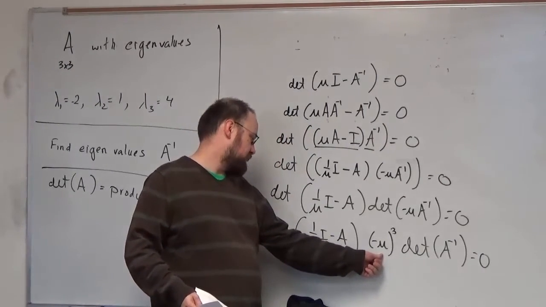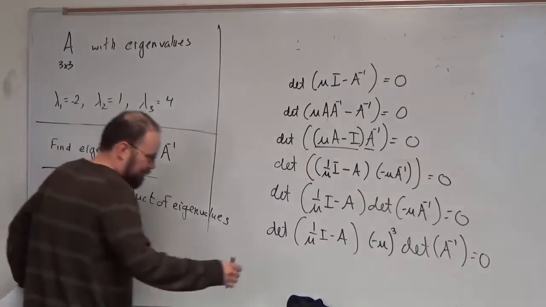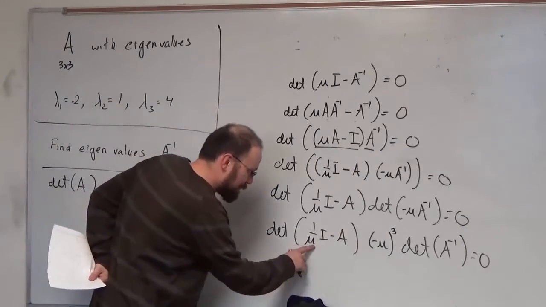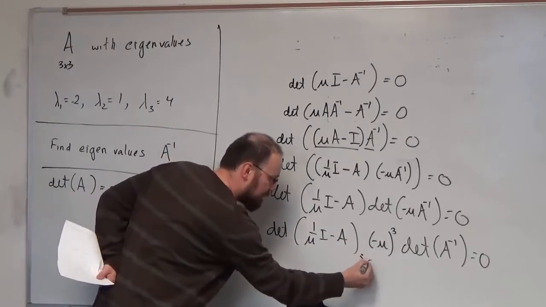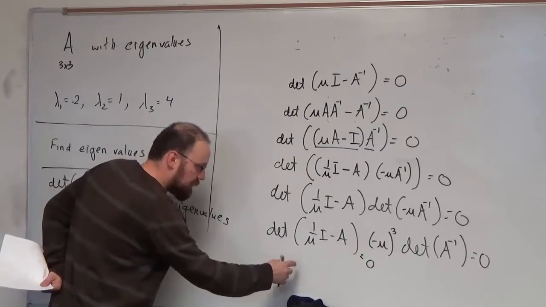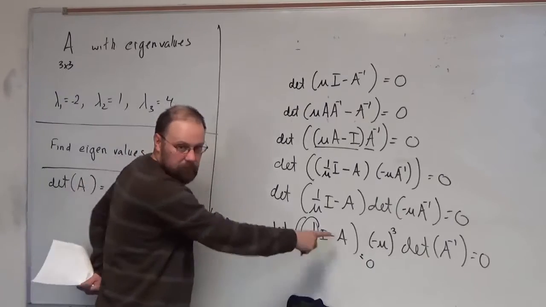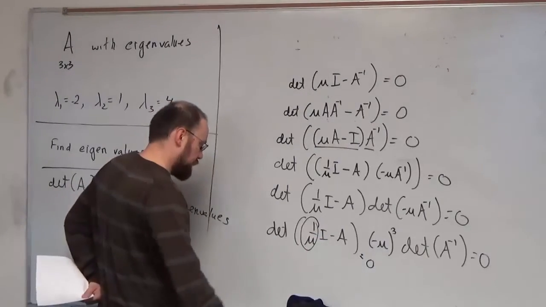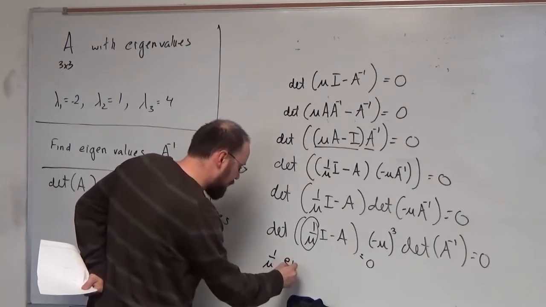Let's pretend it's non-zero for a second. So this would have to be 0. But then, isn't this the way we would find the eigenvalues for A? So we would have to say that 1 over mu is an eigenvalue for A.